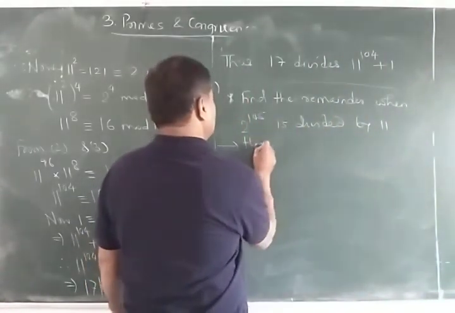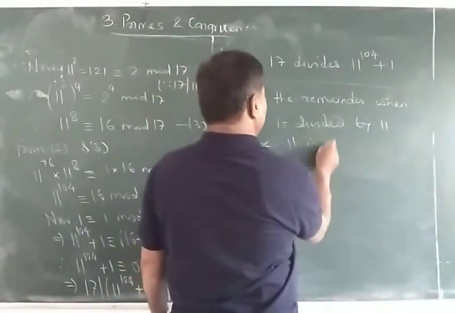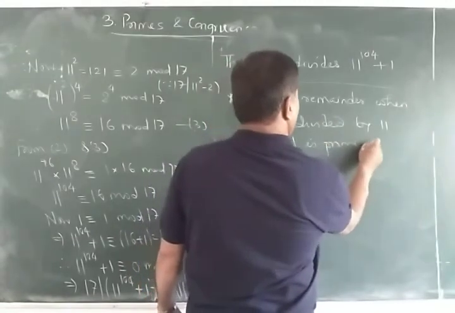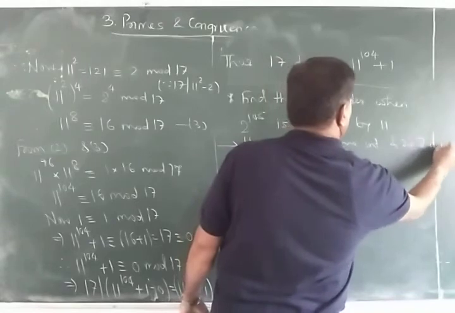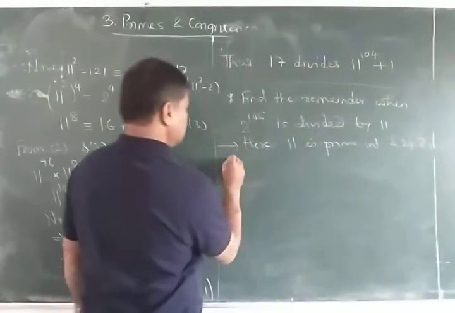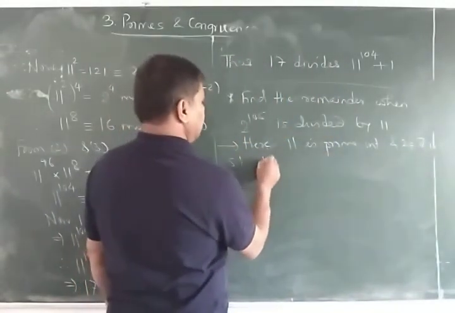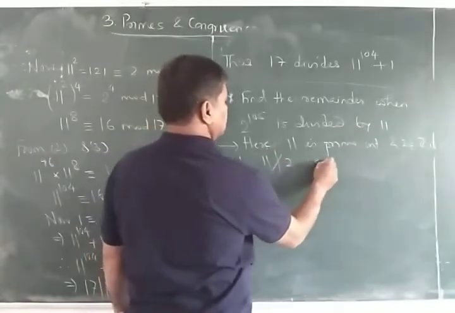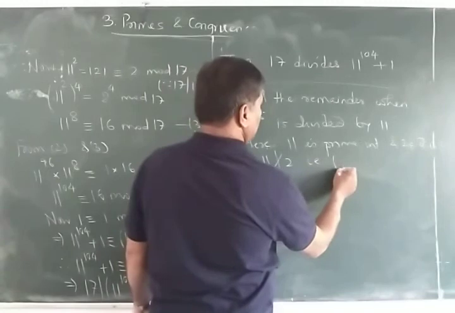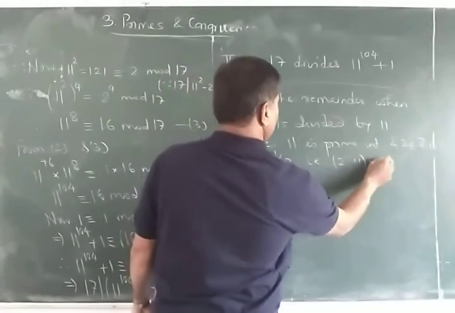So here 11 is a prime integer and 2 belongs to Z is such that 11 doesn't divide 2. That is, GCD of 2 and 11 is 1.